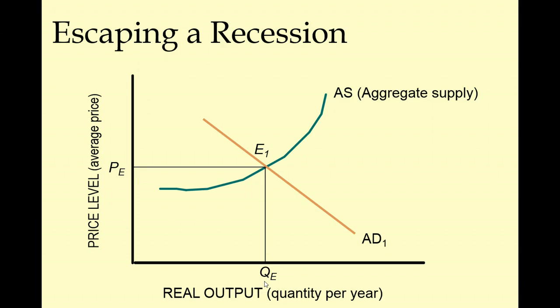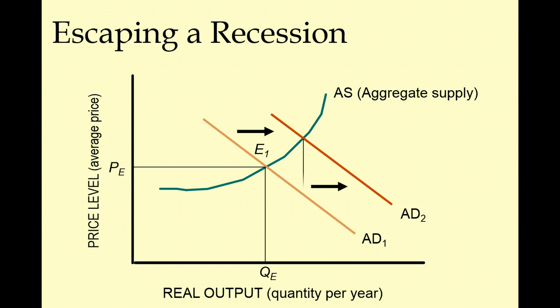For every level of output, there is an associated unemployment rate. And that makes sense, right? Because the reason why people are unemployed or employed is because of what is being produced. So the question is, is this enough output to put everyone who wants to work to work?